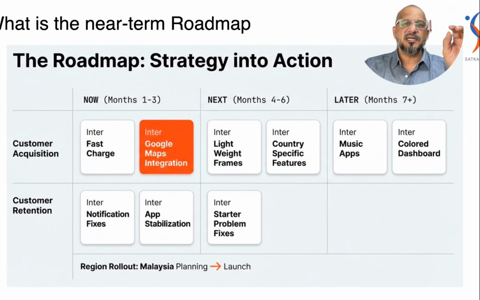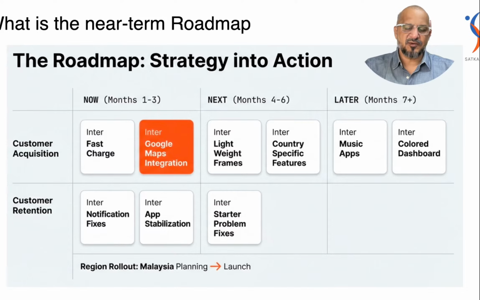Now this now, next, later, where does it come in handy? It's about budget spend, right? As you can see, there is integration with music apps. Do I need to invest in integration with music apps versus Google Maps? Google Maps has come out to be the winner.